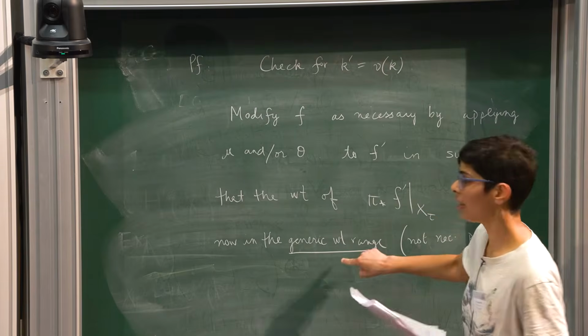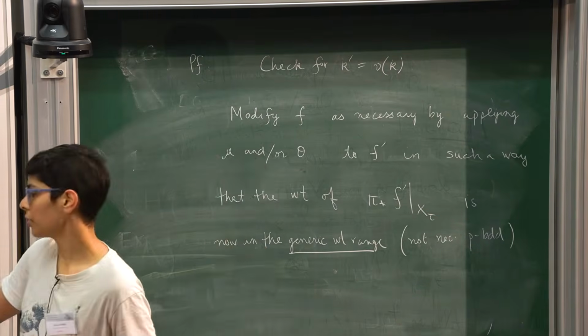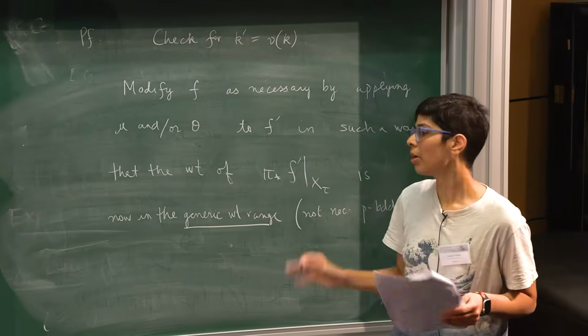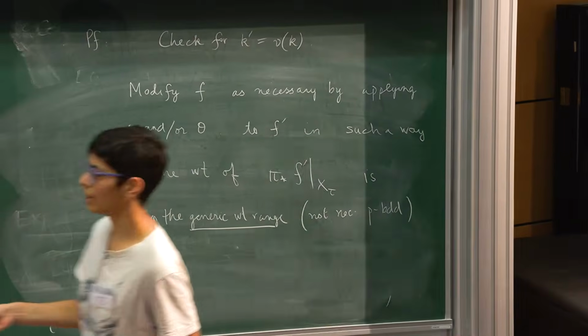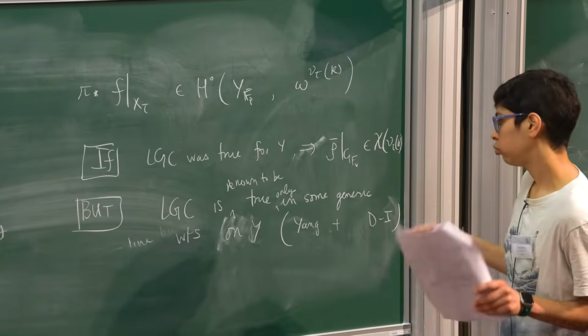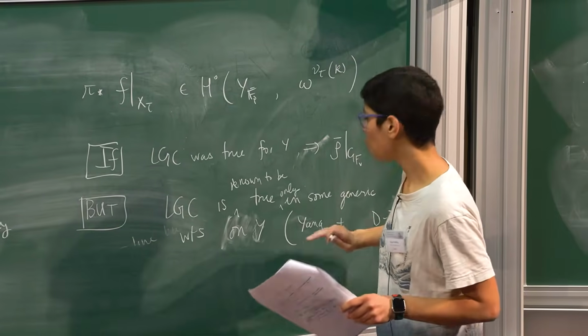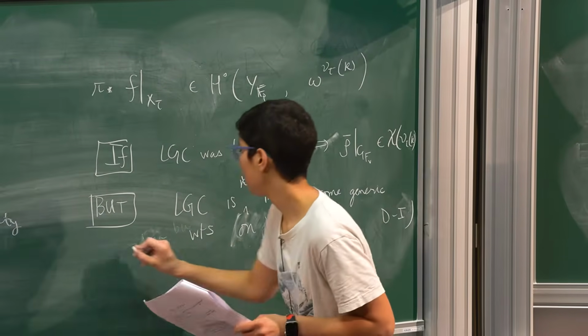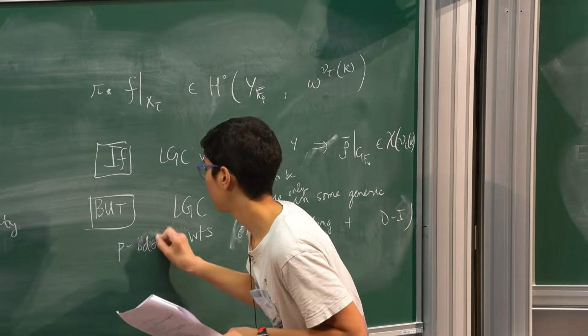Such that generic in the sense that Dedding's results tell us local global compatibility. Sorry, okay, so I shouldn't say it this way. So Dedding will imply that local global compatibility holds true in some generic p-bounded weights.